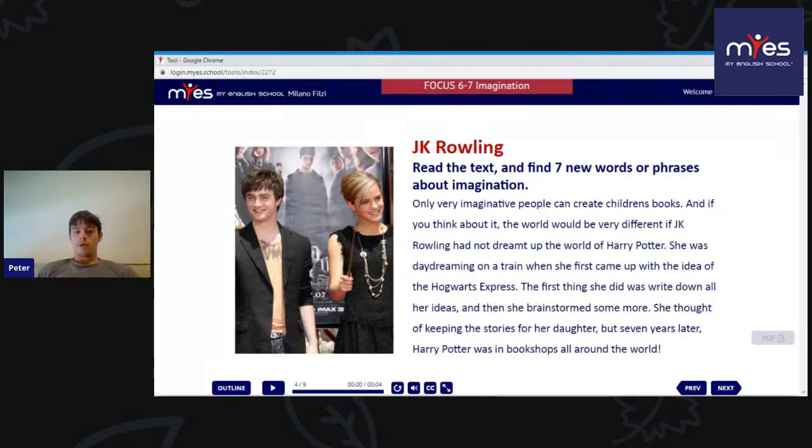She was daydreaming on a train when she first came up with the idea of the Hogwarts Express. The first thing she did was write down all her ideas, and then she brainstormed some more. She thought of keeping the stories for her daughter, but 7 years later, Harry Potter was in bookshops all around the world. All right.